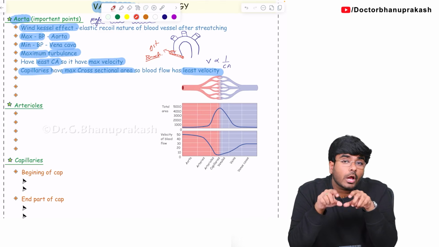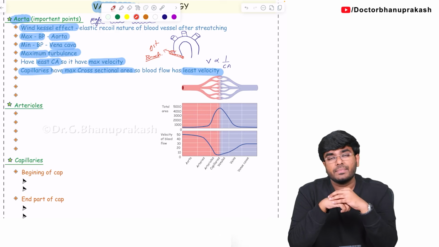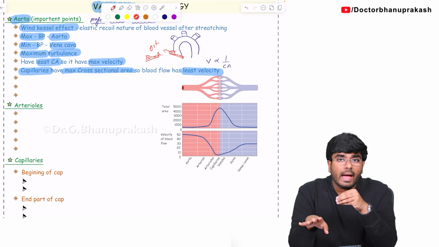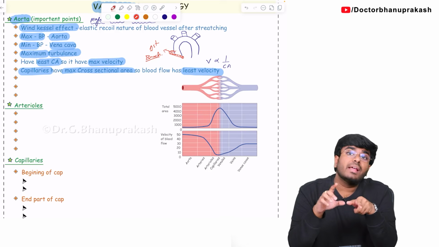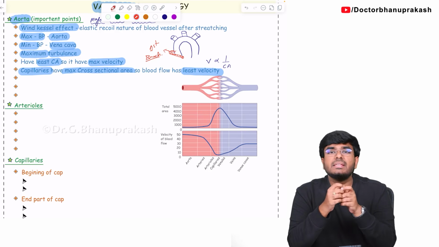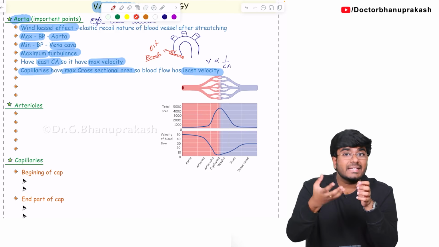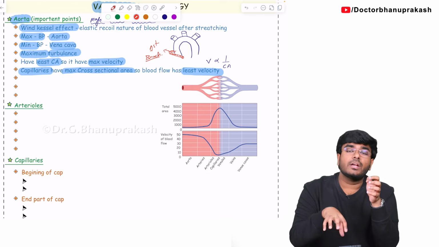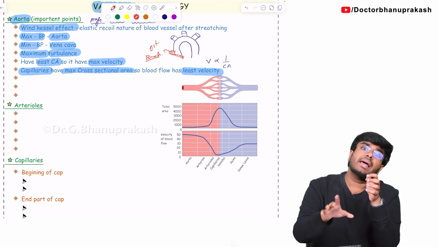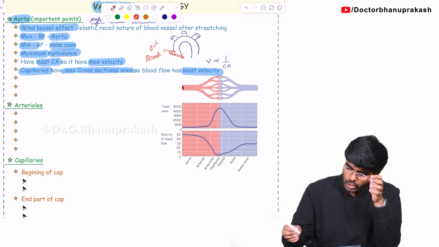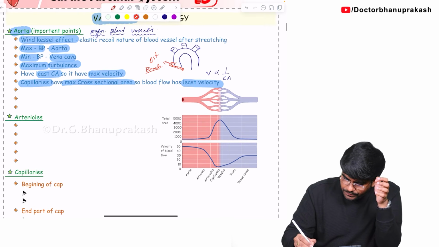But wait, coronaries have a speciality. What is that? The coronary blood flow happens mainly during the time of diastole. Okay, it means the heart itself is receiving the blood not during the systole but mainly during the diastole phase.